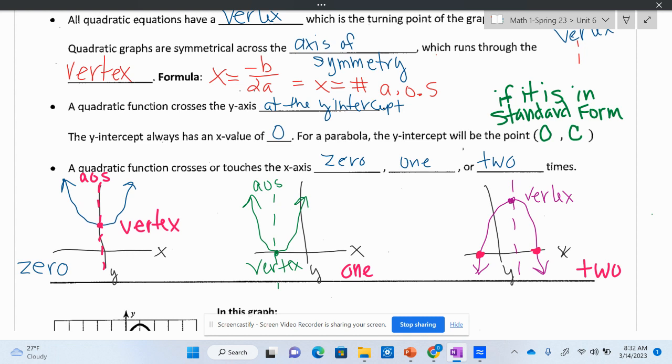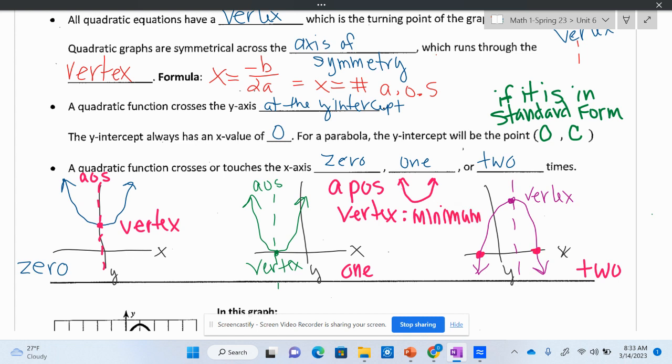What is it? It's the lowest, yeah. So here's something that's important to know, and I'm just going to write it right here. When A is positive and your graph looks like this, your vertex is called a minimum.